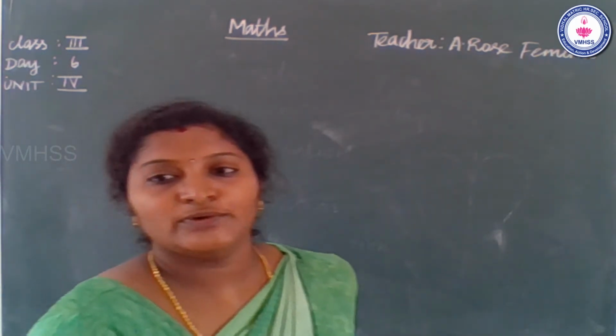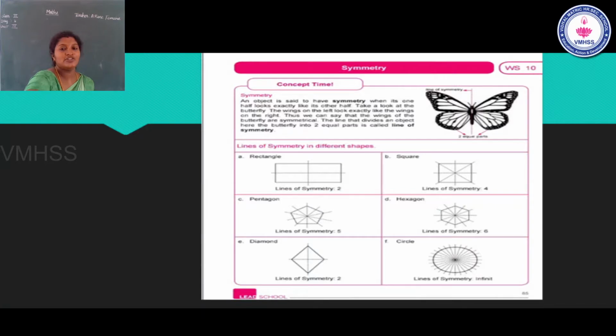Okay, ma. Students, take page number 85. An object is said to have symmetry when its one half looks exactly like its other half.